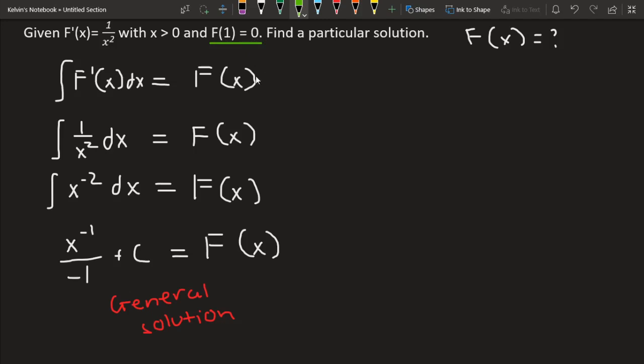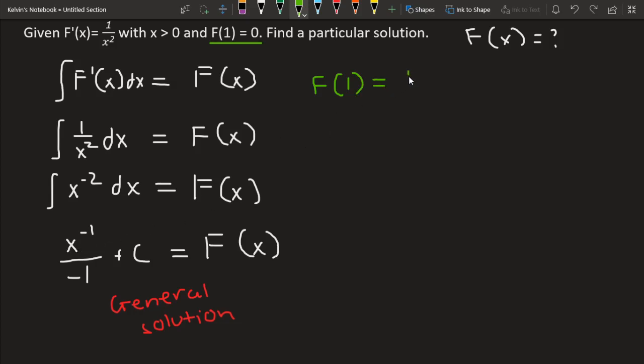So in order to find the particular solution here, we can plug this information into our general solution. So let's write this in. Capital F of 1 is equal to, and we'll just replace x with 1 here.